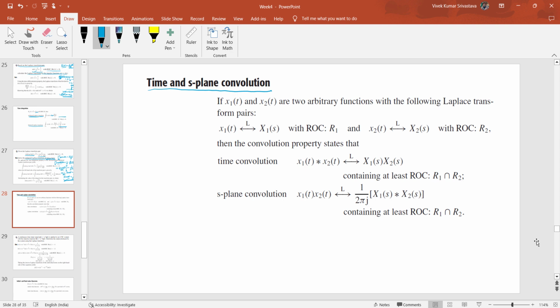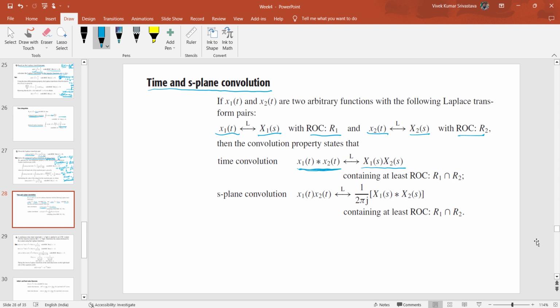So suppose two signals x1 of t and x2 of t are given to us, having Laplace transforms X1(s) and X2(s) and regions of convergence R1 and R2. If we have to evaluate the Laplace transform of the convolution of these two signals, in the Laplace domain it is defined as X1(s) times X2(s).